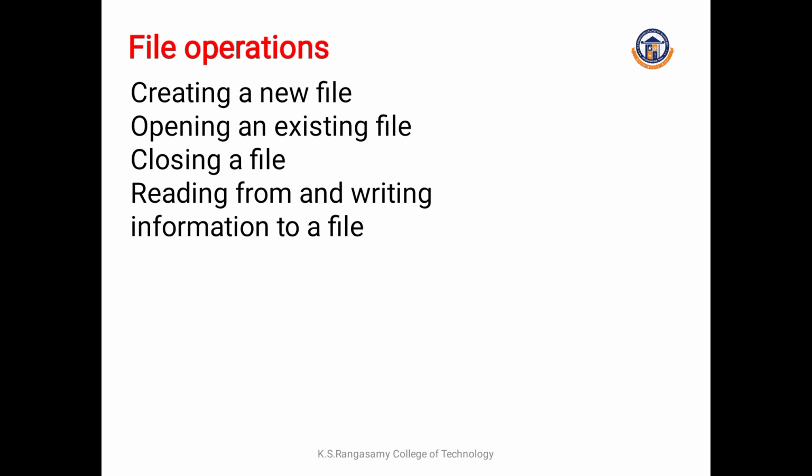These are some of the file operations handled in files. Creating the file is okay. Opening an existing file may be for writing mode, reading mode or for any updates. Then closing it, and writing or reading information, which may be integer type, some strings, or combinations of integer data and strings.